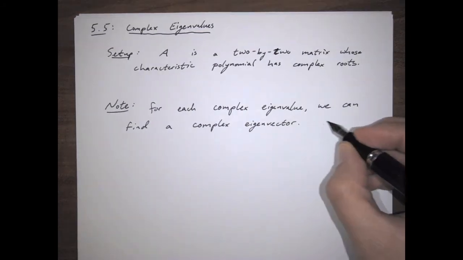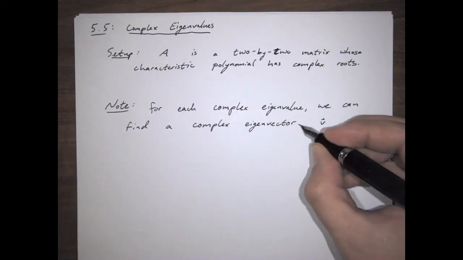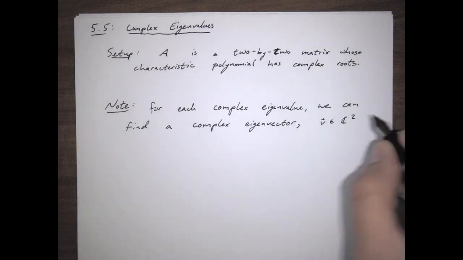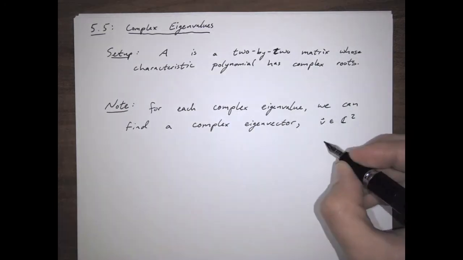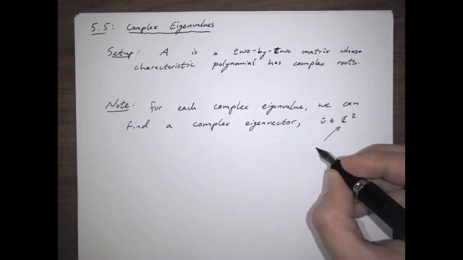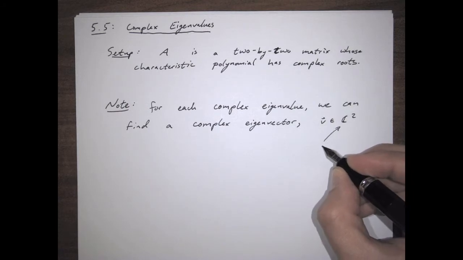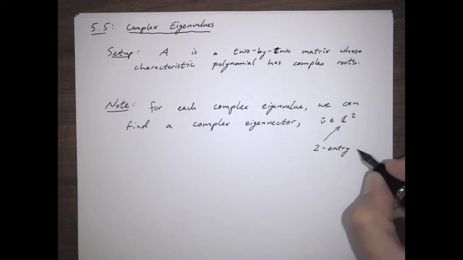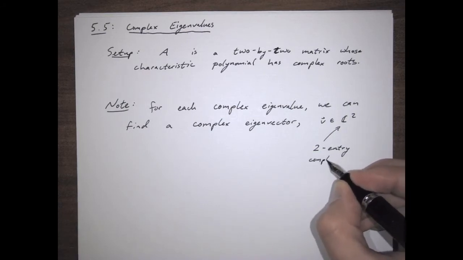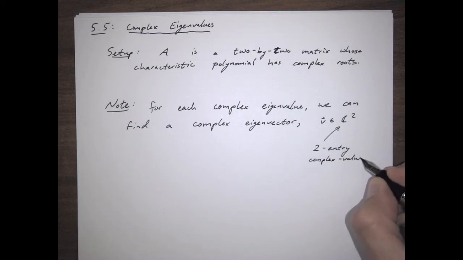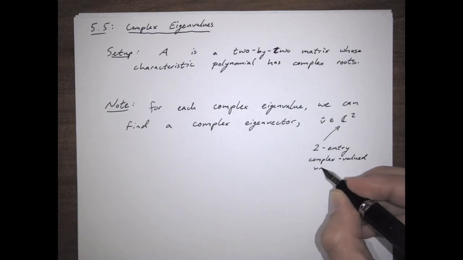So this is V, which is going to belong to not R2, but C2. So this is the vector space of two entry vectors each of whose entries is a complex number. So, two entry complex valued vectors.